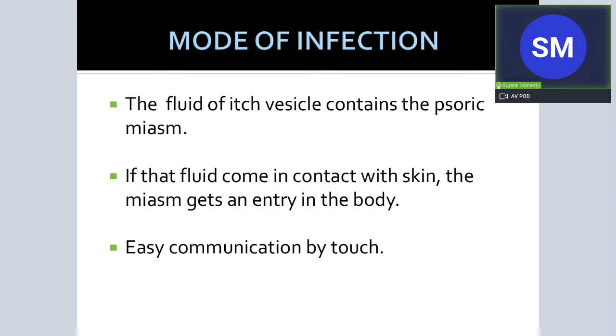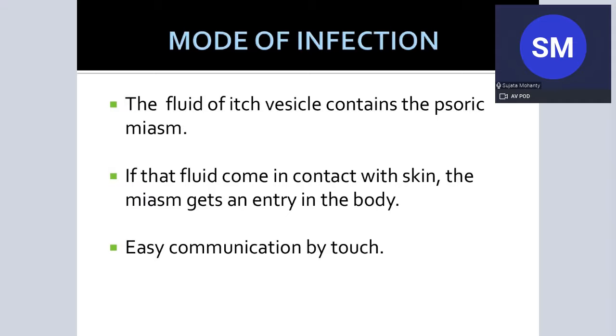So first, the mode of infection. We just discussed that it is itch eruptions. The fluid of those itch vesicles contains the psoric miasm. If that fluid comes in contact with the skin, the miasm gets an entry into the body.